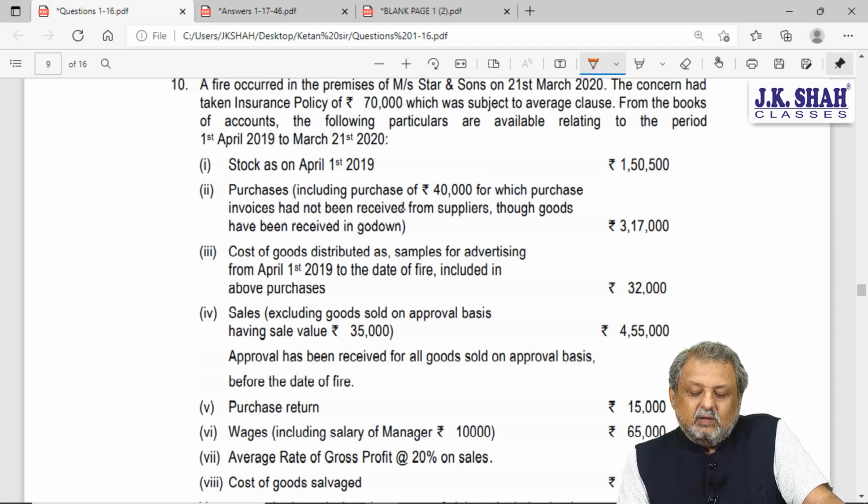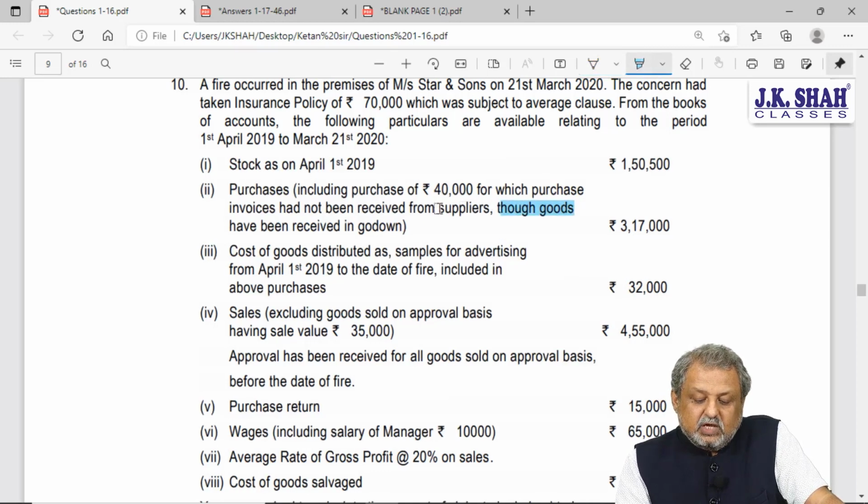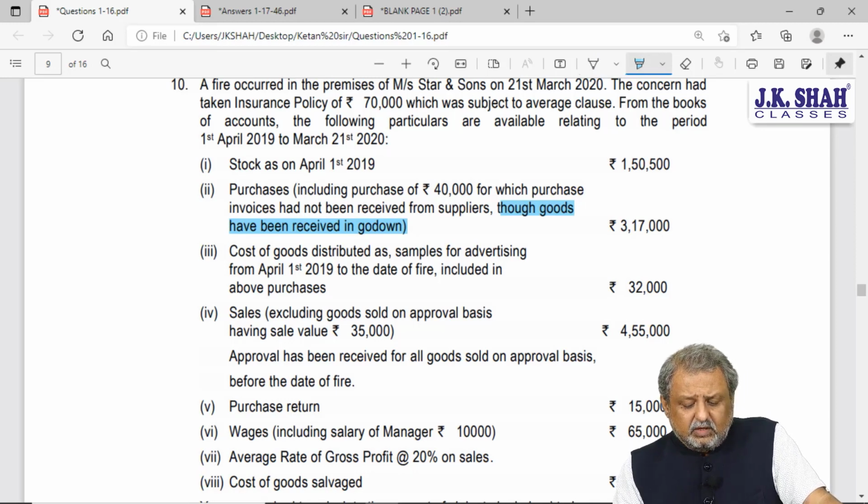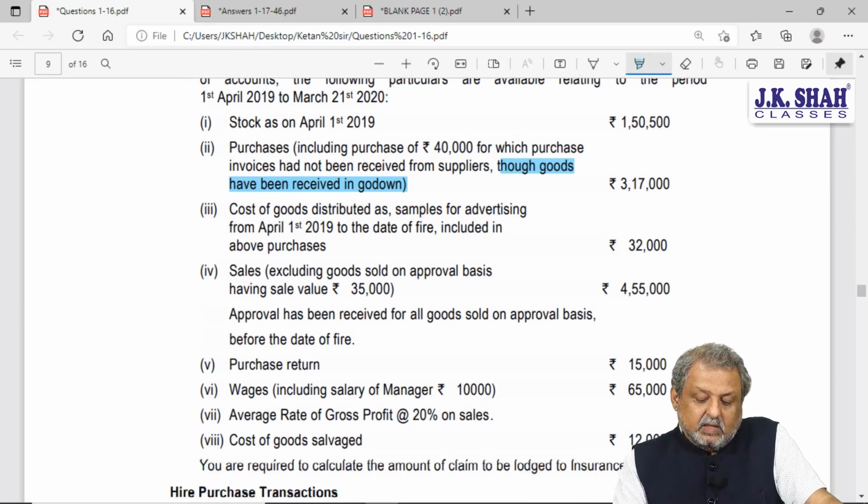Then including purchase of 40,000 for which purchase invoice had not been received from the supplier, though goods have been received in godown. This is important. Goods are received in godown, so it must be included in purchase. Then cost of goods distributed as free samples for advertisement, included in the above purchase.